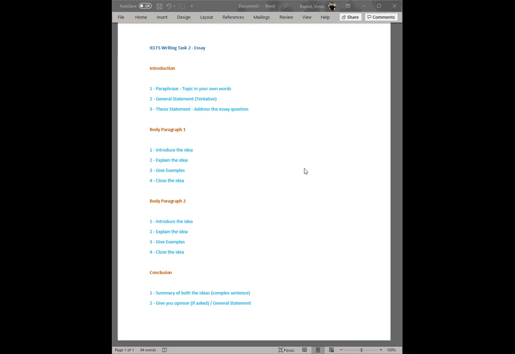All you have to do is just change the words when you're writing it, and voila, you have the exact conclusion sentence. The reason why I mentioned complex sentence in brackets is because the first line of the conclusion paragraph needs to be one sentence talking about both your ideas together. This is where your grammar would actually come into play. So it's important that you do that.